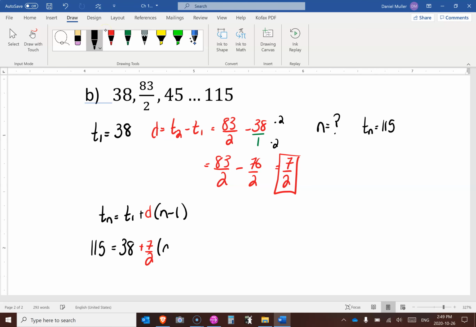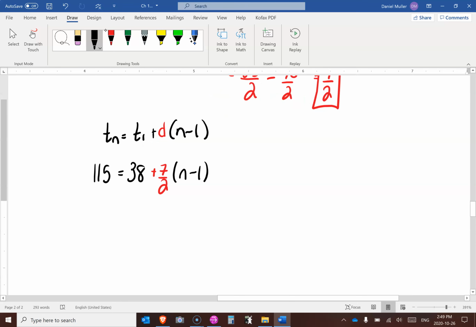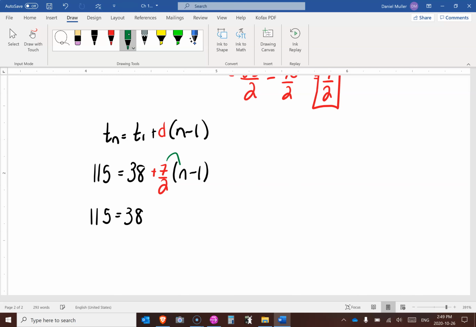And n minus 1. Okay, so we've got 115 is equal to 38, and then I can multiply that 7 over 2 into here. So it's just plus 7 over 2n minus 7 over 2.